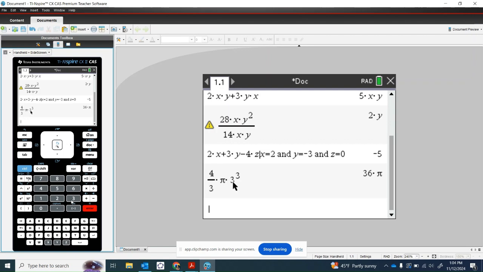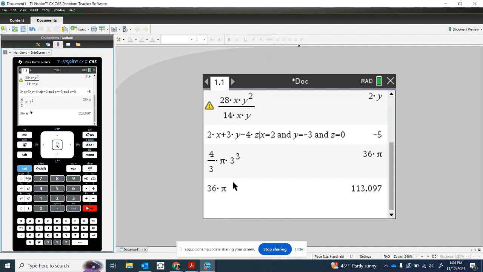Again, what we did last week is if I wanted to figure out what that is roughly equal to, I can arrow back up, hit enter, and then hit control enter, and it will round that for me. So we did that.